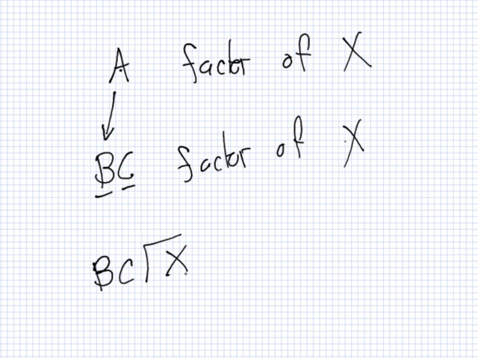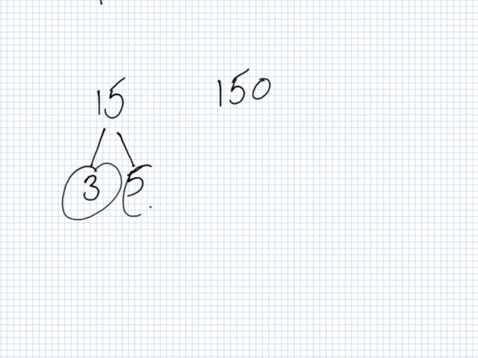Maybe if we look at it with numbers, it might become a bit clearer. Let's say a number like 150. Is 15 a factor? Yes, and 15 can be split into 3 and 5. Are each of these factors as well? Yes, because think about what you're doing. You have x over A, and I can change that into x over BC.